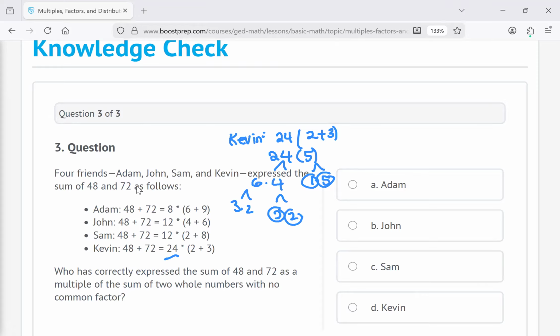The reason why the others don't work: for example, Adam was 8 times 6 plus 9, which is 15.